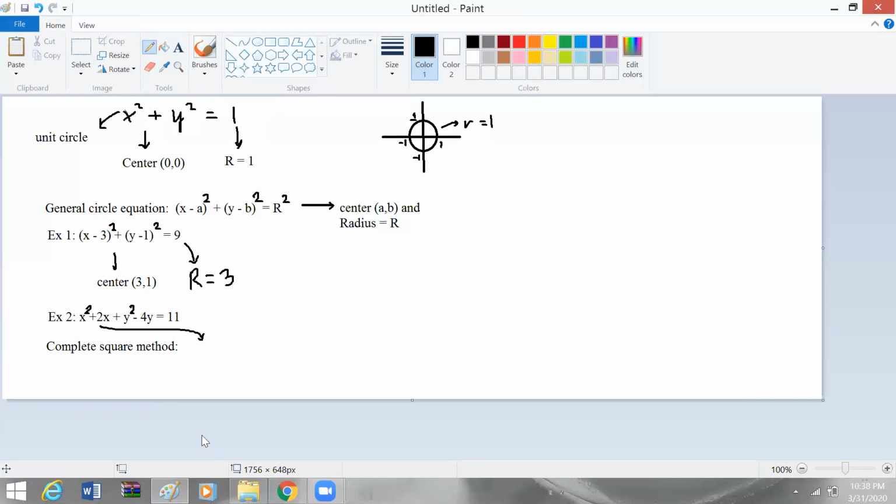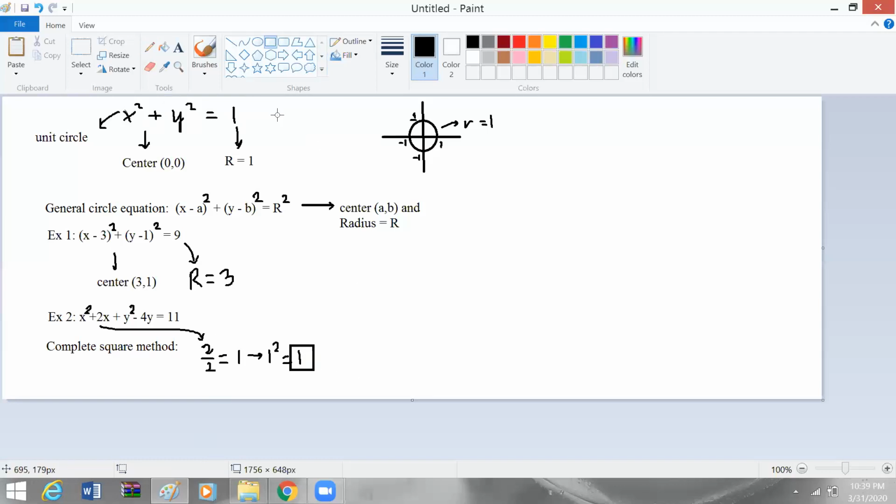So this is 2 over 2, and we get 1. And then you square 1, and we get 1. This is the number that we need to add for x.